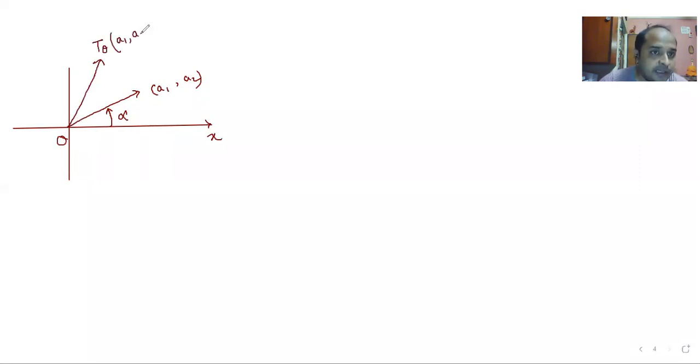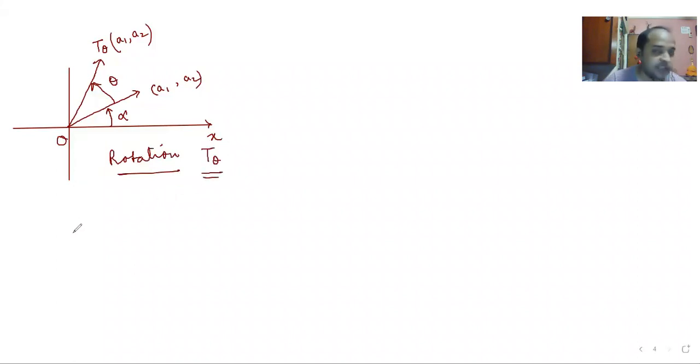It is making an angle theta with the original vector, and with the positive direction of the x-axis, it is making an angle theta plus alpha. This transformation T theta is actually called the rotation transformation.